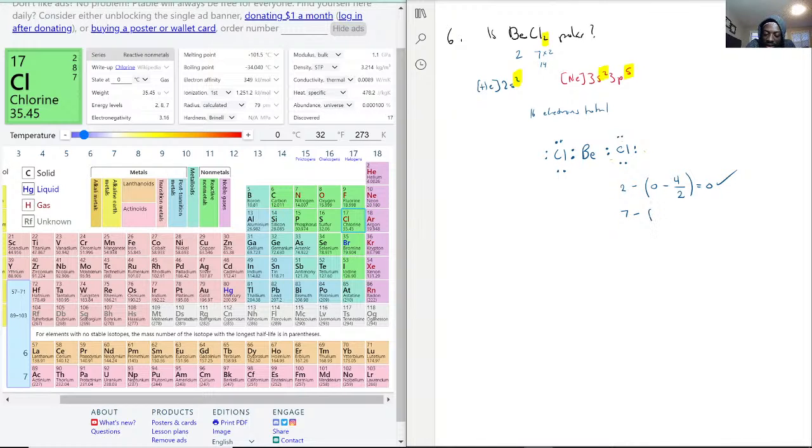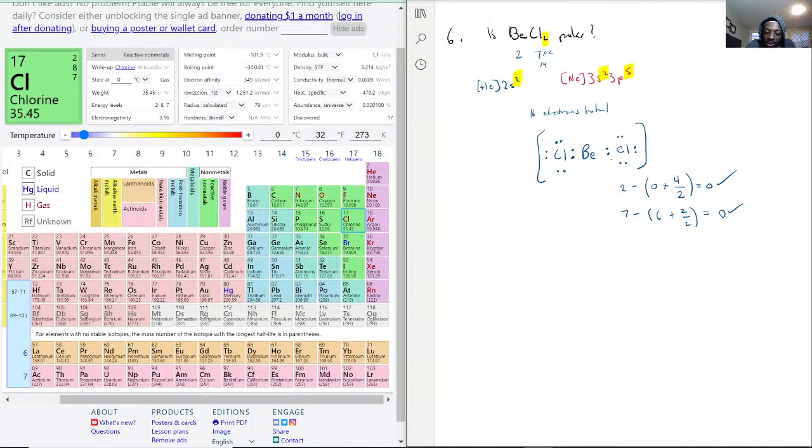Chlorine, on the other hand, we have 2, 4, 6 valence electrons and just 2 electrons in a bond. So we get 6 plus 2 over 2, 7. So 7 minus 7 is 0. So this is completely satisfied in terms of how it wants to situate itself.